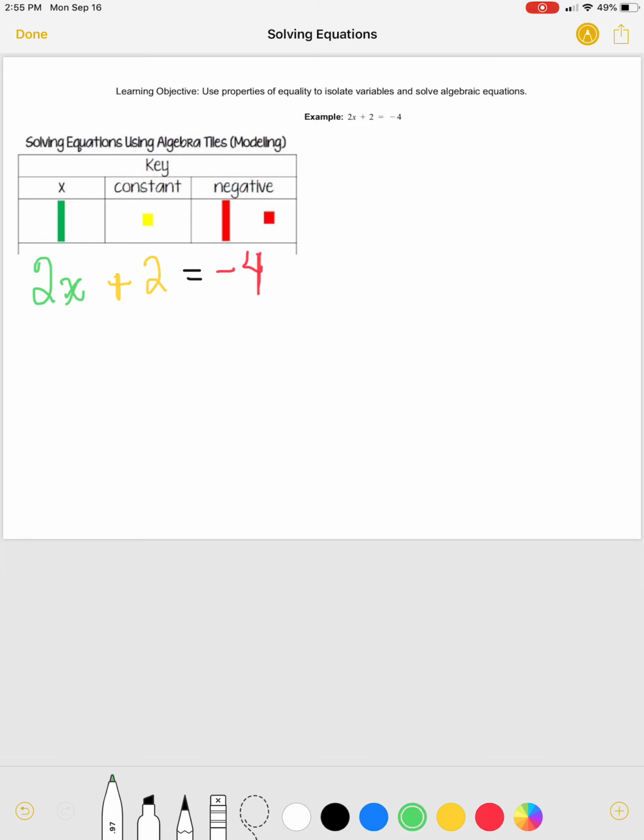Now that we have it written in the right colors, we can use our algebra tiles to represent it in the correct colors as well. Okay, so our 2x is represented as two rectangles, and just for the sake of space, I'm going to write them sideways.